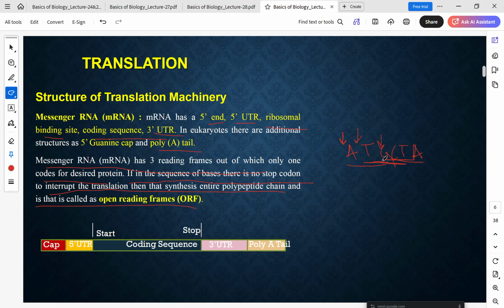This won't be T, this will be U: AUG, CUA. Depending on where it starts reading, this can be one amino acid and this can be the other. So it depends on where it's starting.